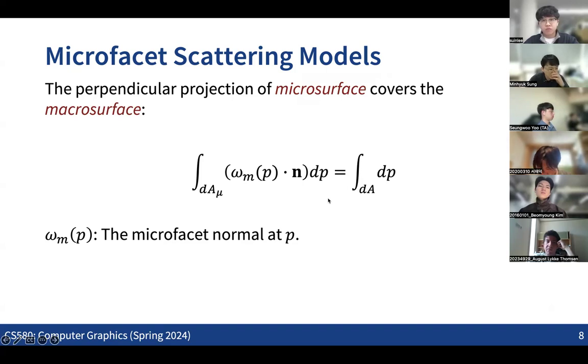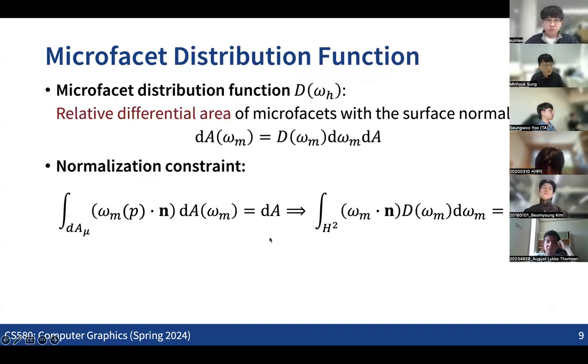A couple of things that we are going to see in this microsurface scattering model is that we are going to describe the characterization of this model with a distribution function. The microfacet distribution function describes the relative differential area of the microfacets with respect to the surface normal omega m here.